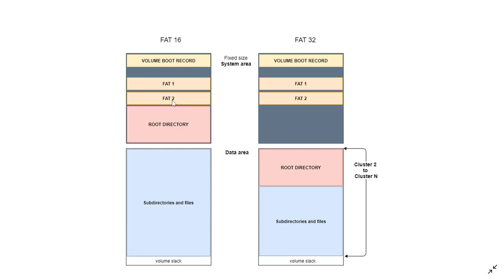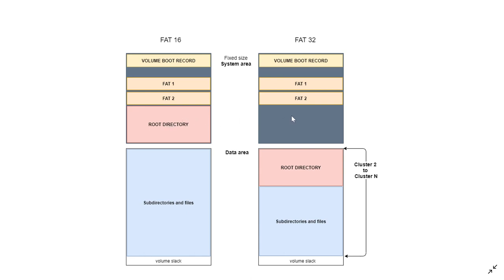After that, in the FAT16 file system, the root directory is preserved. So this system area is not expandable, so it cannot grow. That's why the root directory has a fixed size and can accommodate only a fixed number of files inside it.